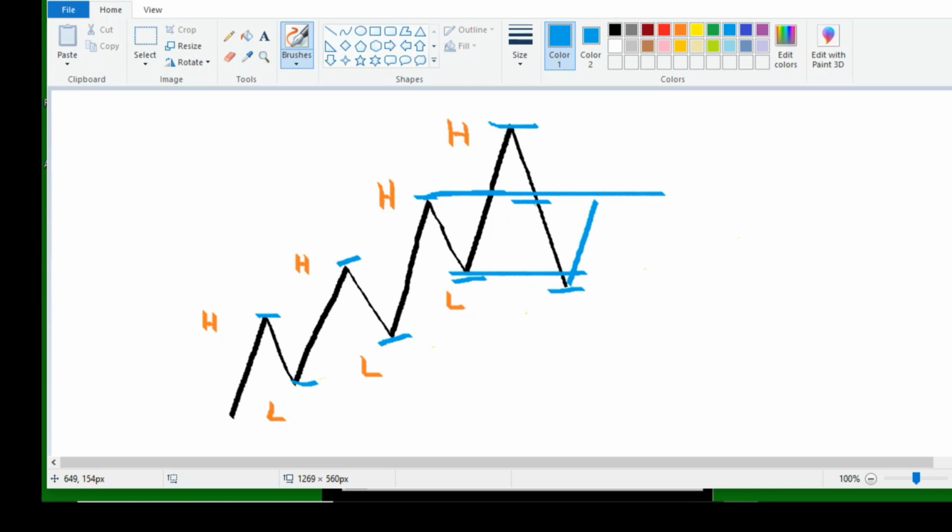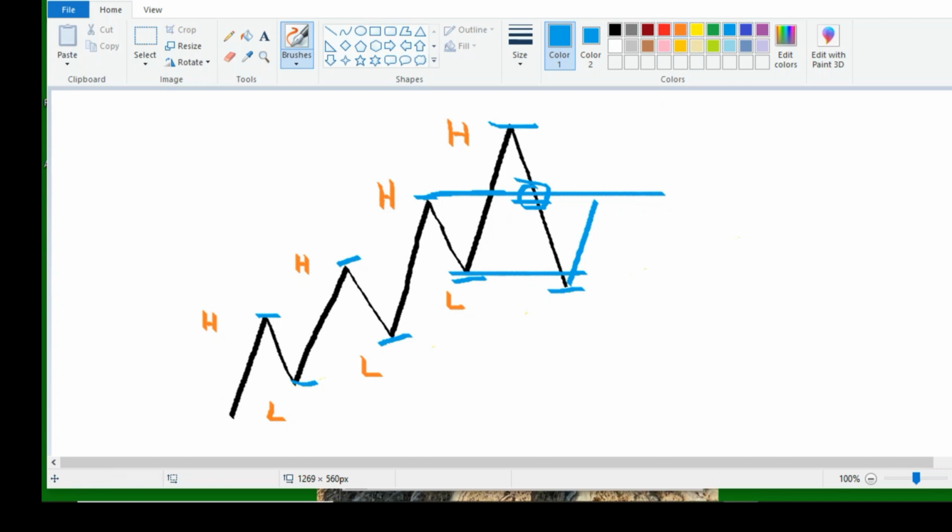Once I find my 50% area, I would look for support and resistance in this area, and supply and demand. I'm looking for a fair value gap, and the last thing I'm looking for, or even the very first thing I'm looking for, is another QM pattern.